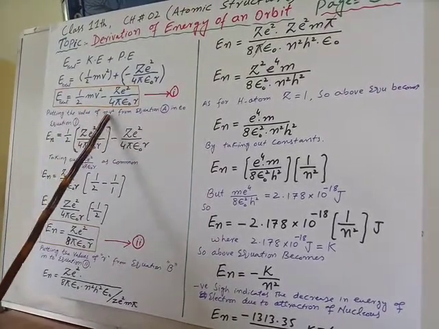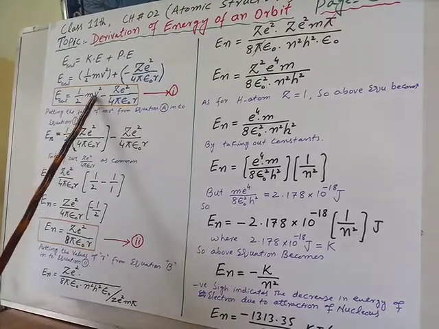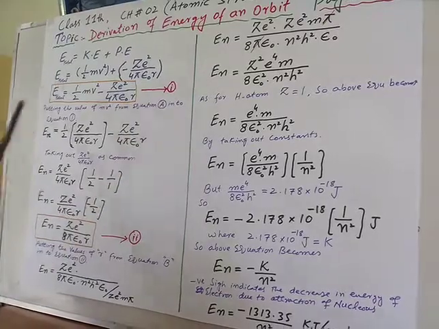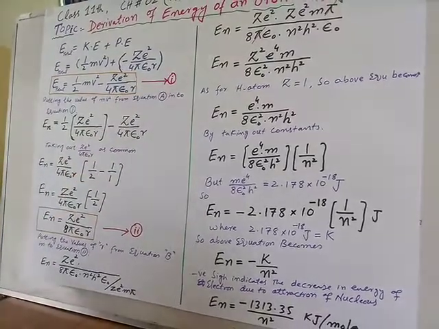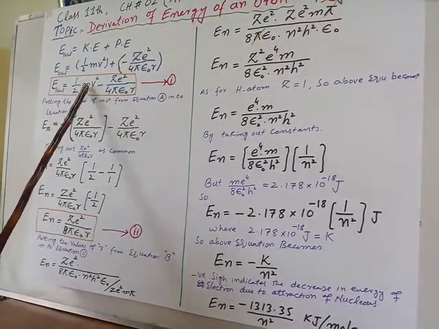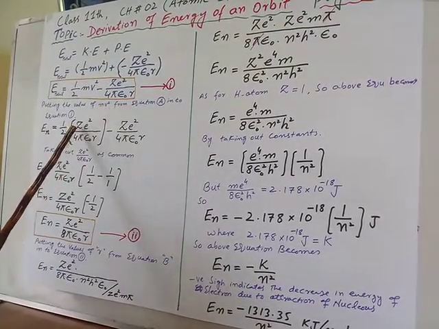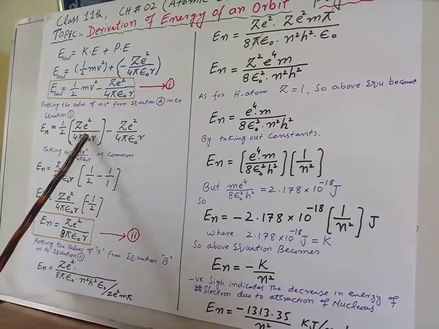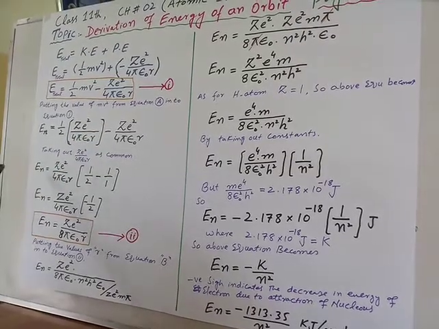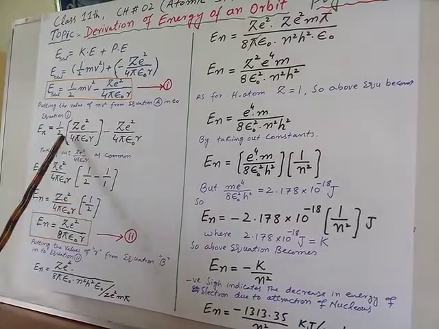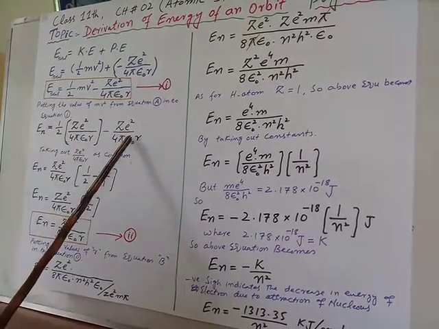Put the value of mv square from equation A into equation 1. That value was equal to Ze square over 4 pi epsilon naught r. So here is Ze square over 4 pi epsilon naught r minus Ze square over 4 pi epsilon naught r.